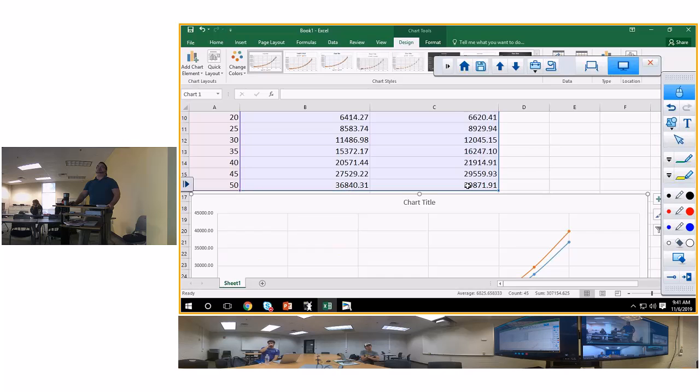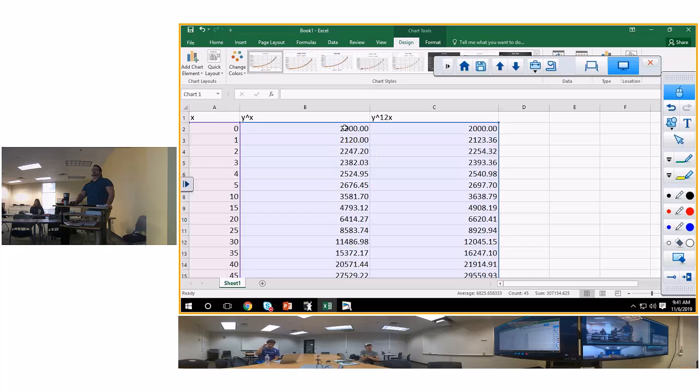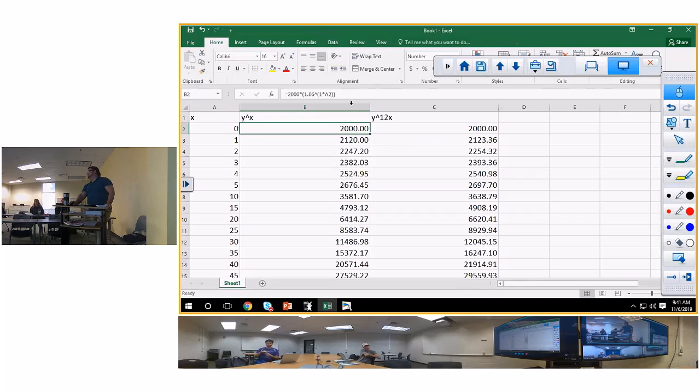Now you're talking after 50 years, you're talking about $3,000. Now, you're only talking about putting in 10,000. What if you put in 20,000? What if you put in, let's say your grandma left you $20,000 and you wanted to save it.